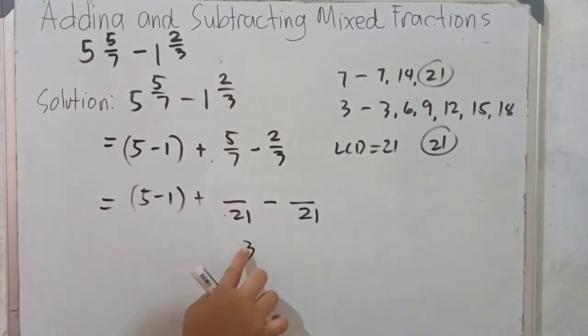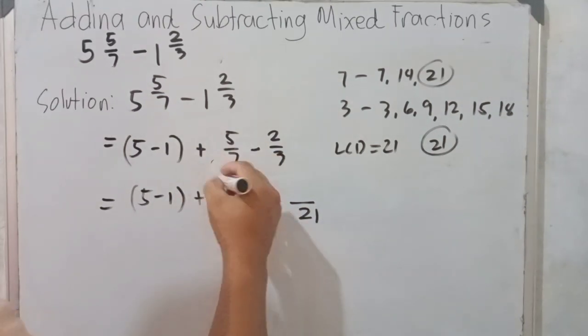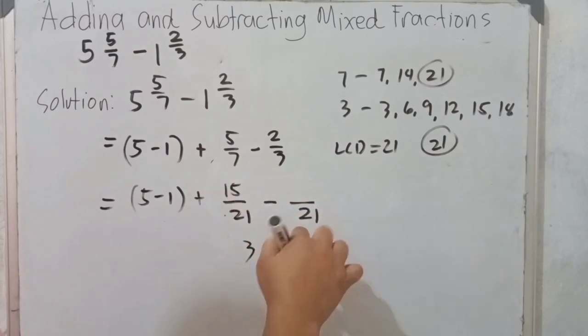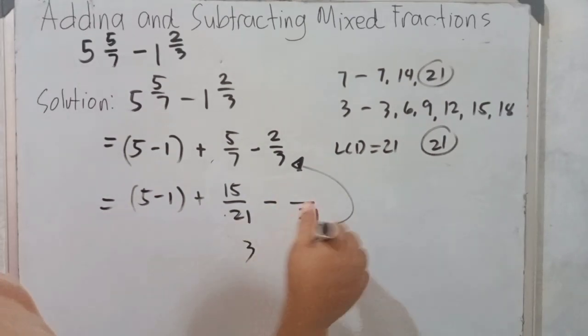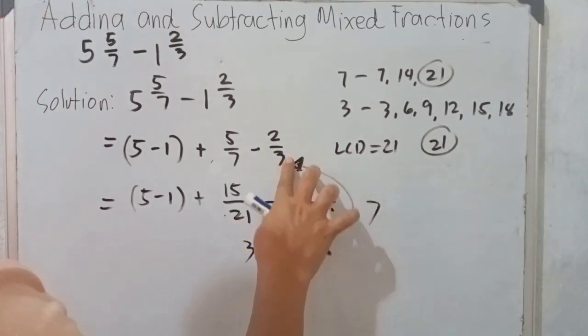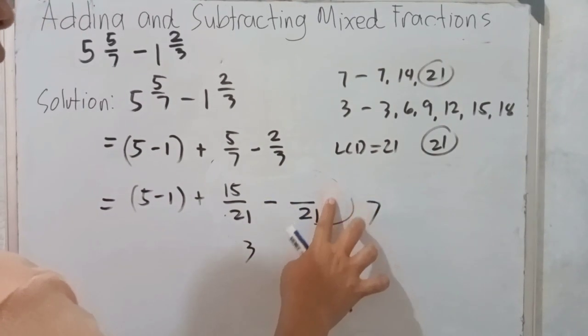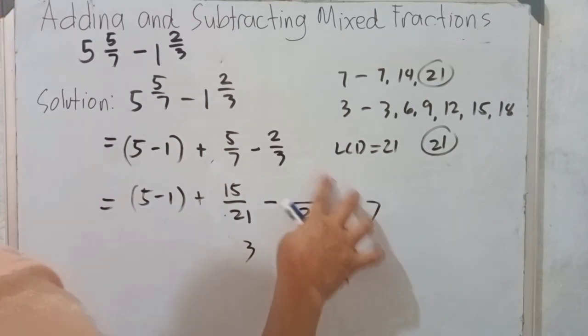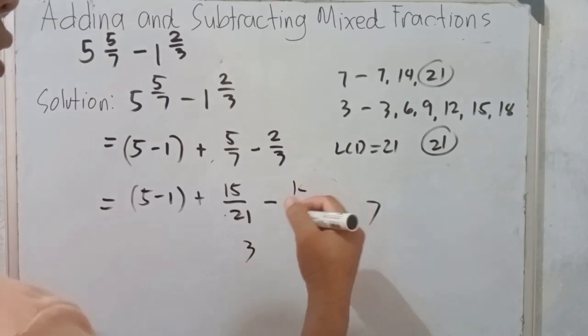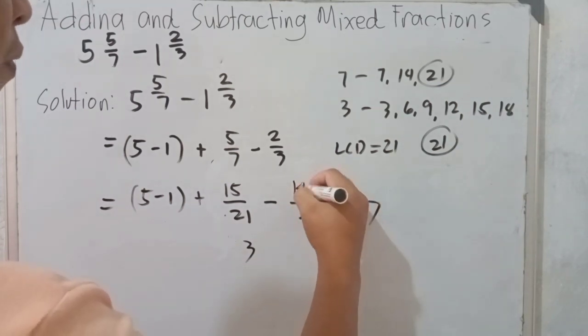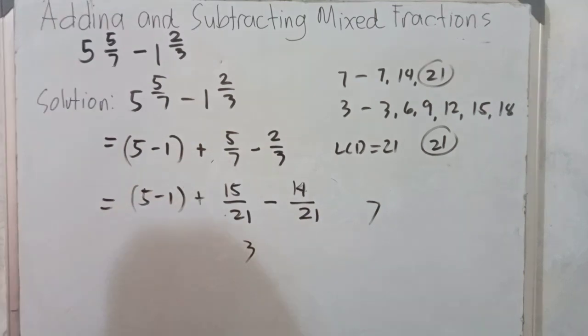So 3 times 5 is 15. Next, 21 divided by 3 is 7. So 7 is the answer. 7 times 2 is 14.